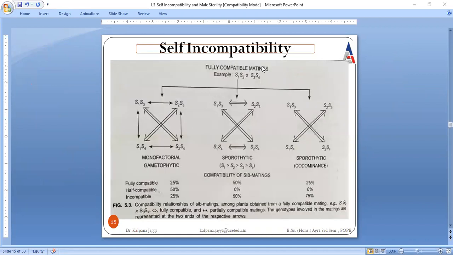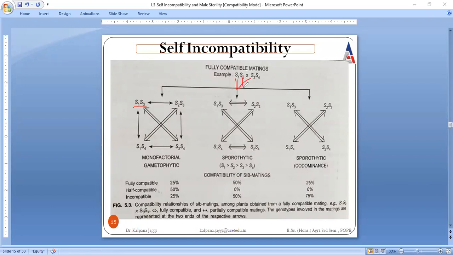Now we will talk about the fully compatible case, where S1, S2 was allowed to cross with S3, S4. Here the crosses could be like this. Very first, S1 is crossing with S3, that is S1, S3.